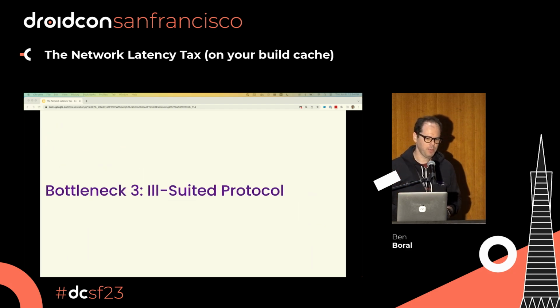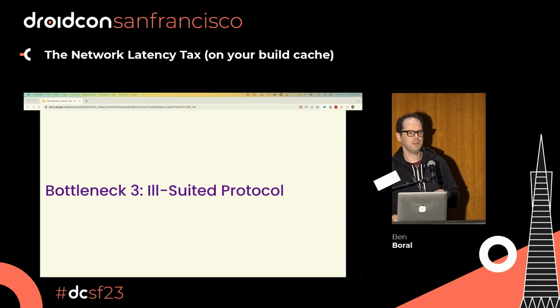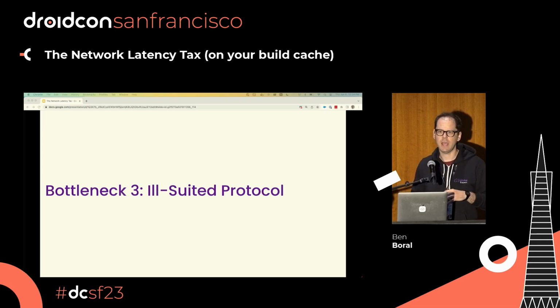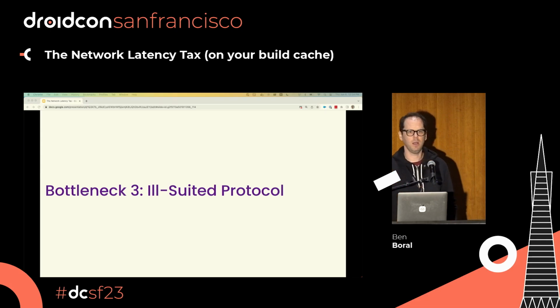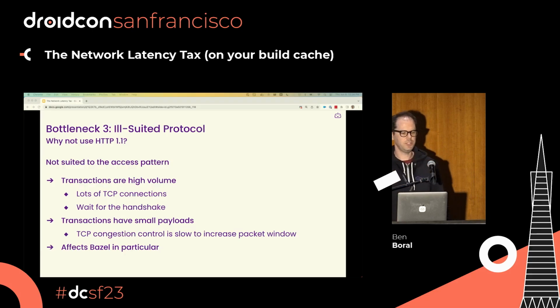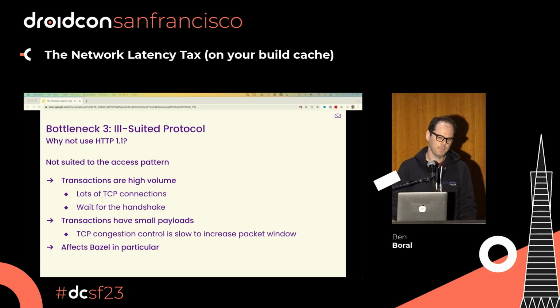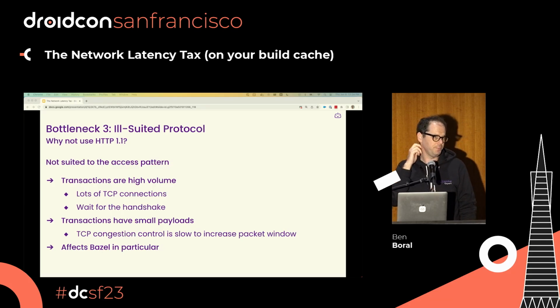So our third bottleneck is the network protocol. I said before that the nature of using the build cache is a very large number of very small entries. You could just use REST over HTTP 1.1, but we know that the access pattern is very high volume and small payload.